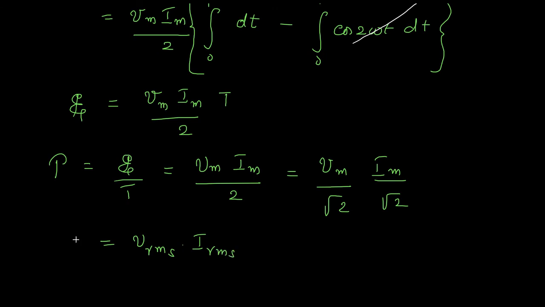The RMS values of voltage and current are Vrms and Irms. The product of RMS values of voltage and current will be the power dissipated.